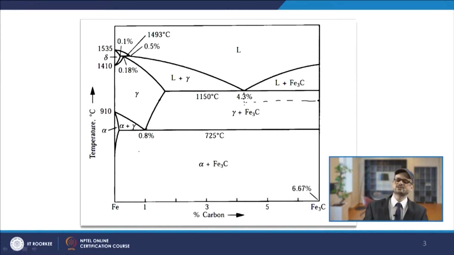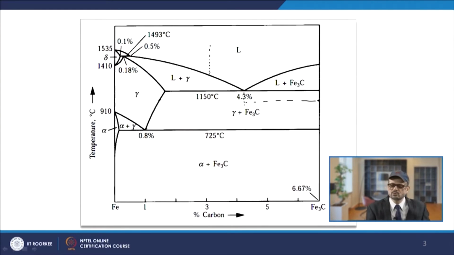So, this reaction is known as the eutectic reaction. If you take any point left to this, it will be a hypo-eutectic point, and if you take any point right to this, it will be a hyper-eutectic point.